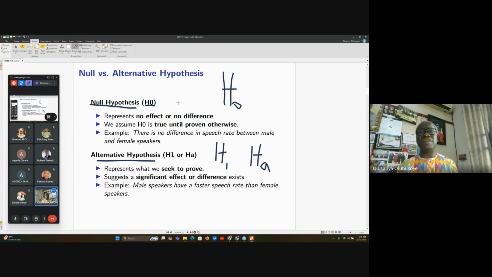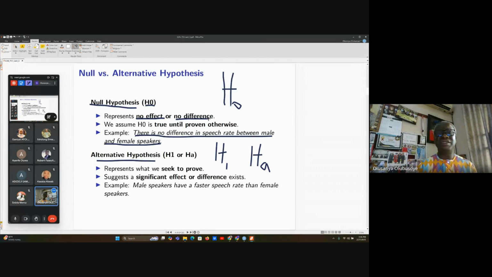So, for instance, the null hypothesis will say there is no difference in speech rate between male and female. The null is here saying no difference, that male and female speak the same number of words per minute. So that's the status quo.